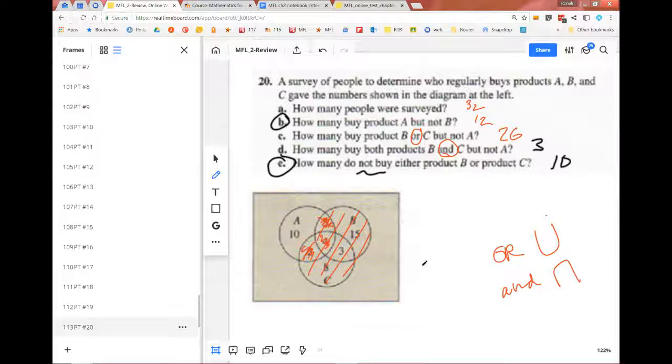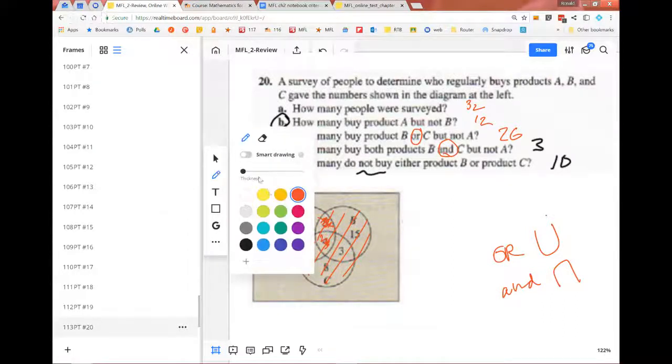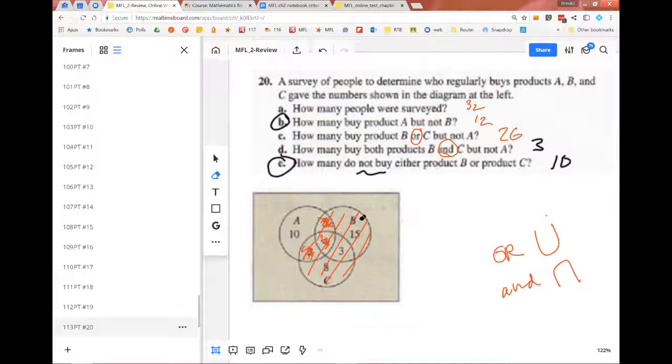Intersection. Yep. So where does B overlap C? Let me get rid of the shading now that I've got it all clouded up. So where do B and C overlap? Just at 4 and 3, right? Yes. But not A. So just 3. That's correct. That's why I put that answer there.